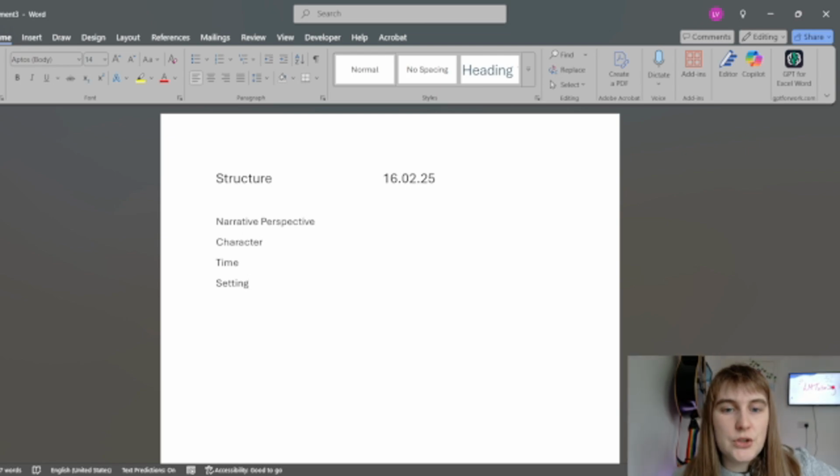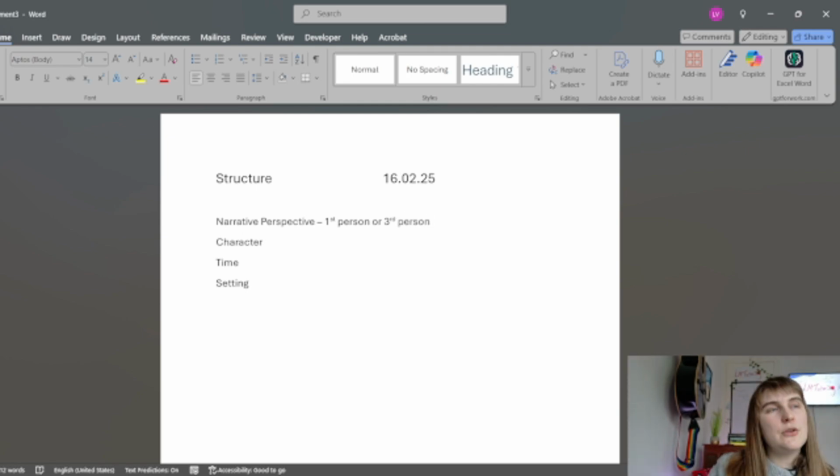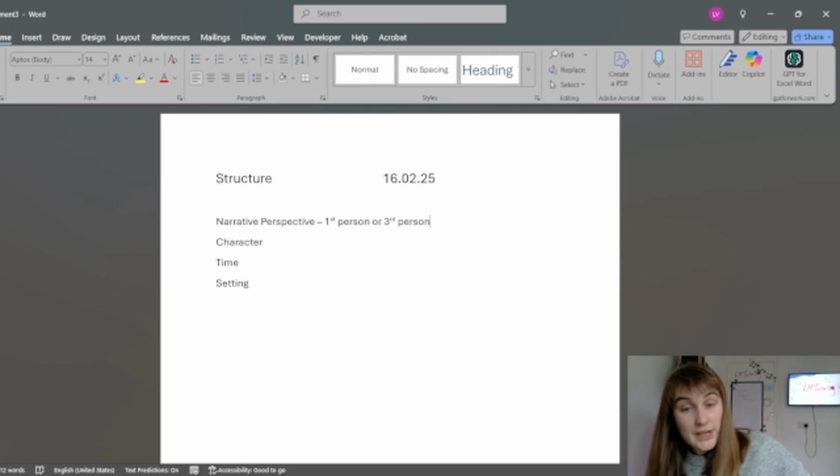Okay, so the first one, narrative perspective. In the most simple terms, narrative perspective is what sort of voice is being used in a text. But in the simplest way, we're thinking, is it either first person, first of all, or third person? Now, that's the key difference.